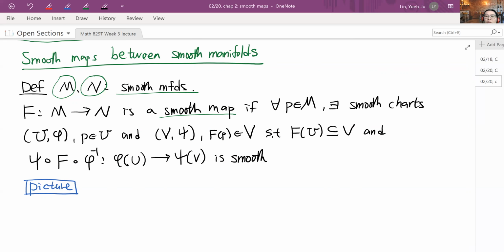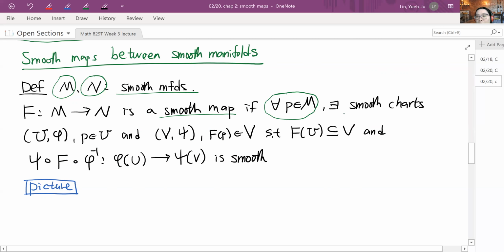So we say it's a smooth map if for every point P in the domain, you can find a smooth chart U such that P is in this domain U, and you can also find a chart V on the target N such that the image F of P is in V.